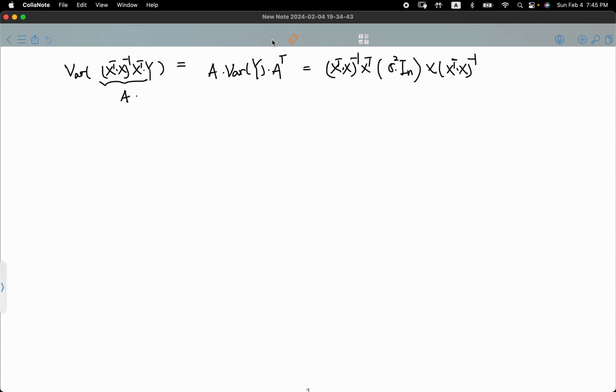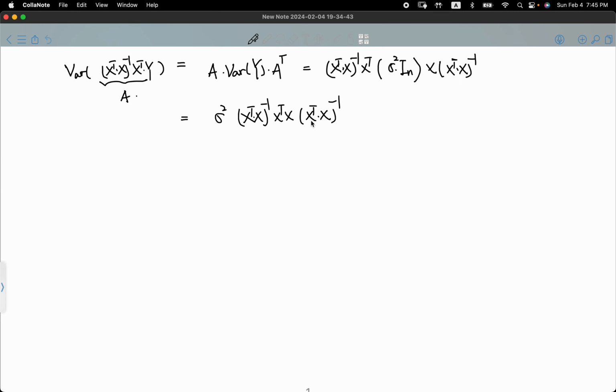Let's further simplify. Sigma squared is a scalar in the front. Continue from here: X transpose X inverse X transpose X. These cancel out, equal to sigma squared X transpose X inverse.